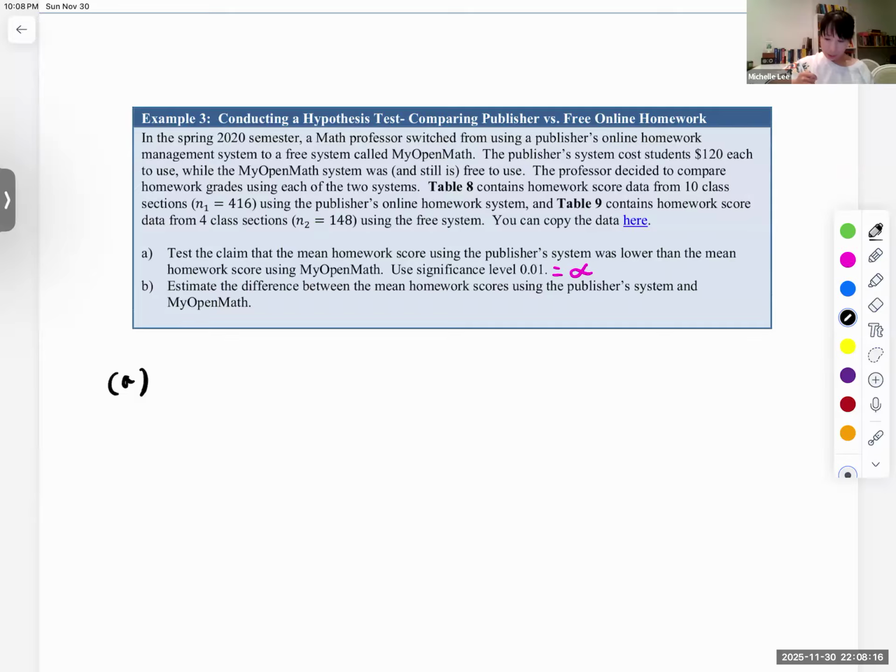It's a normal distribution because n is greater than or equal to 30. The null hypothesis always has mu sub 1 minus mu sub 2 equal to 0. Then is it left tail, right tail, or two tail? The first one is the publisher, the second one is MyOpenMath. We are using it, and the publisher's mean homework score was lower than the mean homework score using MyOpenMath. Okay, so we talk about the mean, not the cost.